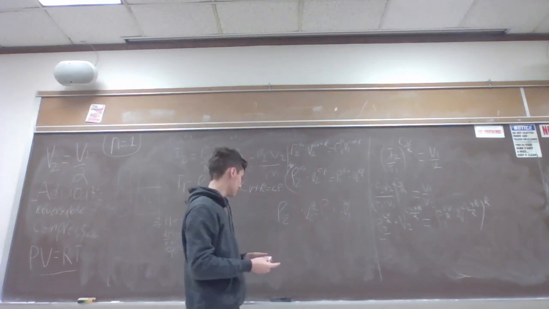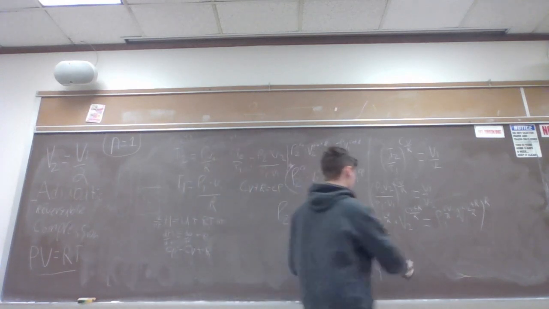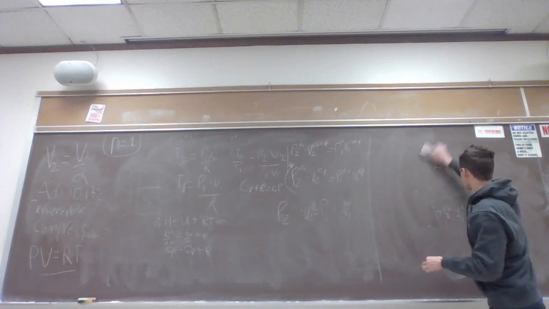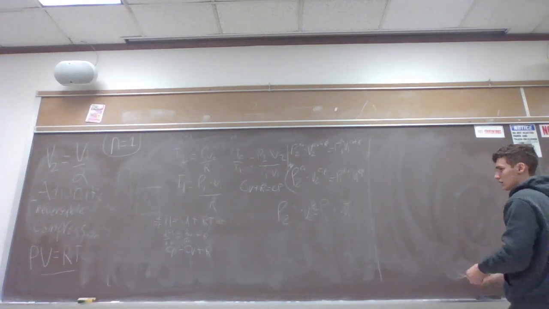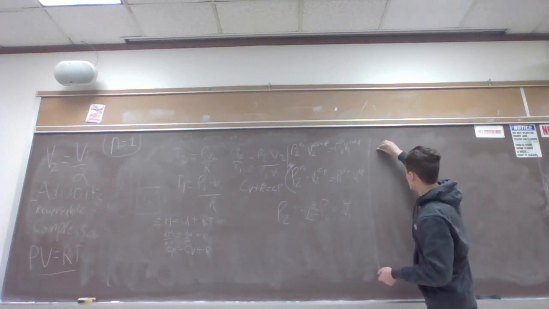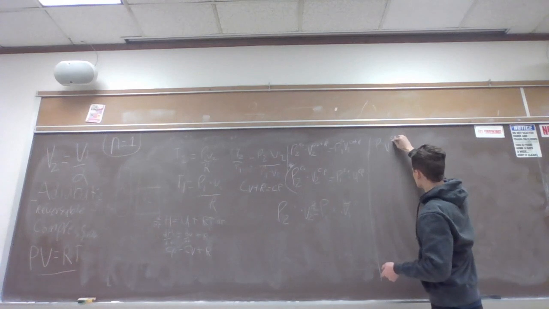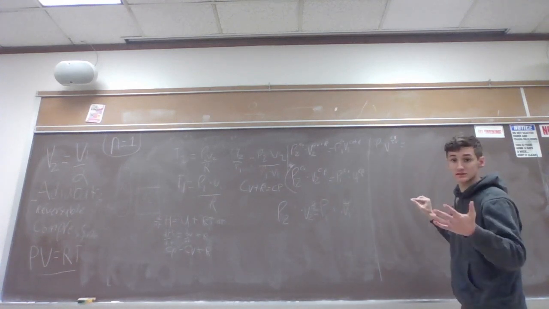So it's a constant. And so we can write that as such, and I'll do that over here. So we would have PV to the Cp over Cv equals a constant, which we are going to call C.